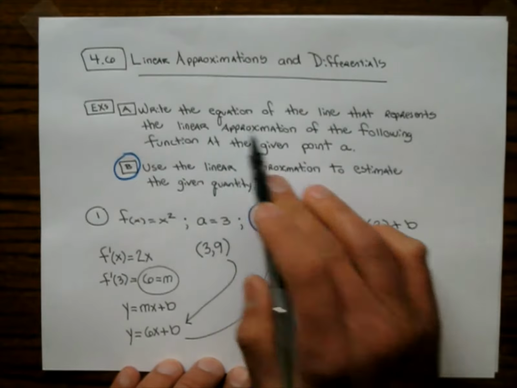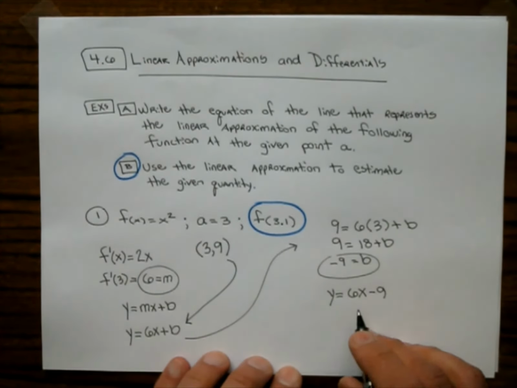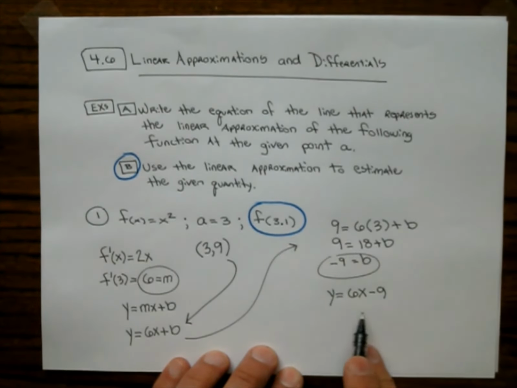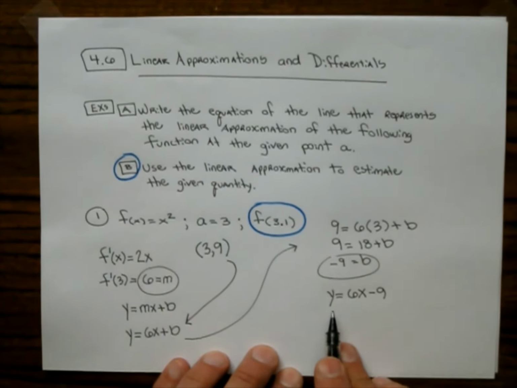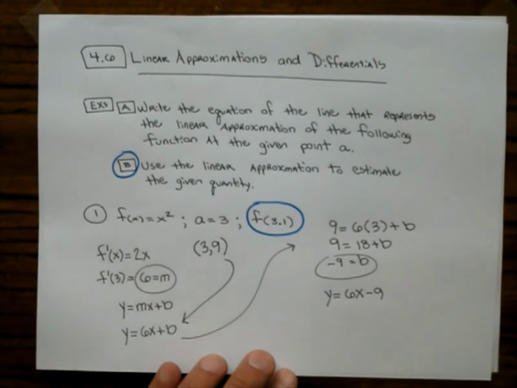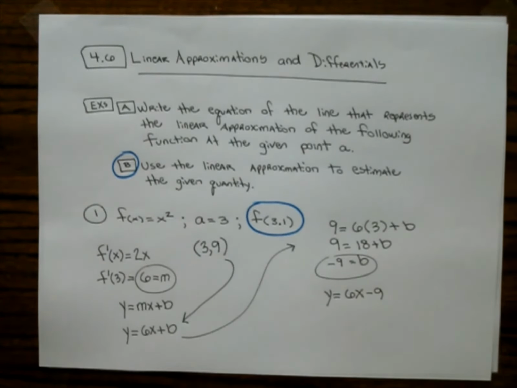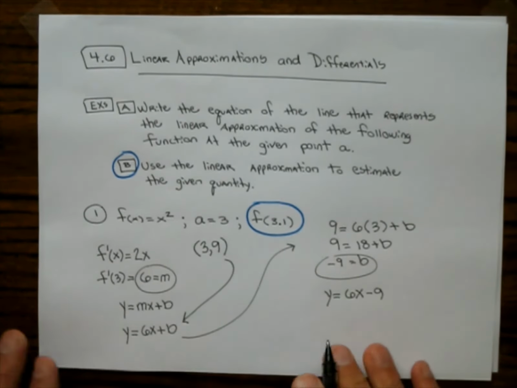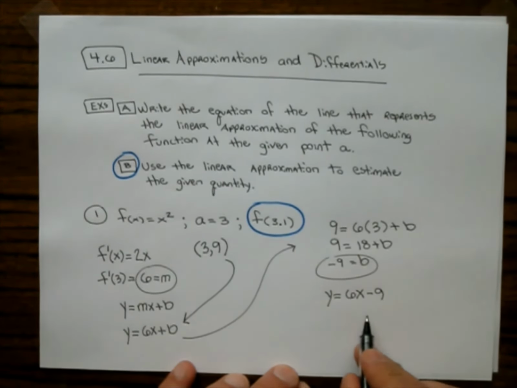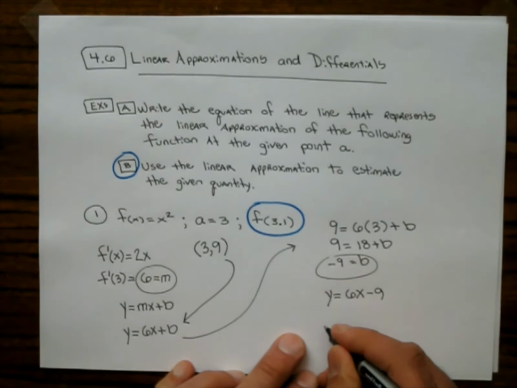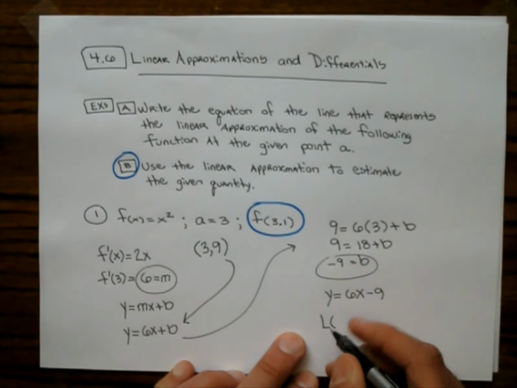So why are they changing words on us? We're going to see in part B. The first thing we want to do, just a tradition of what people do with this, is they write this as a function. A linear approximation is a line, so they're going to replace the y with L of x.